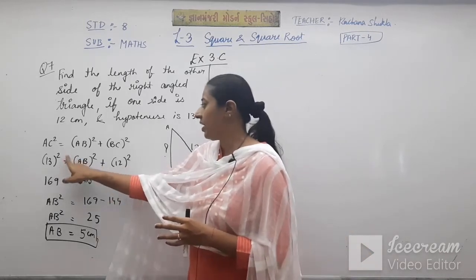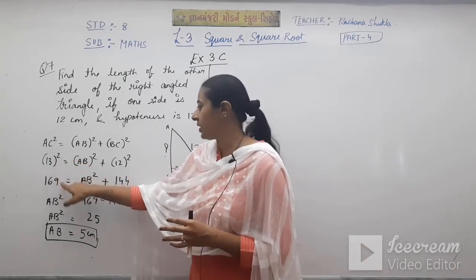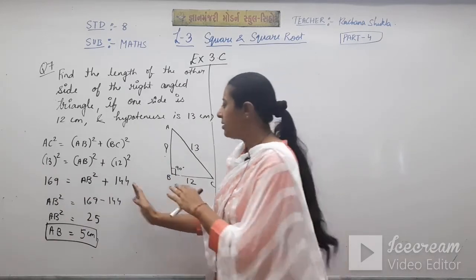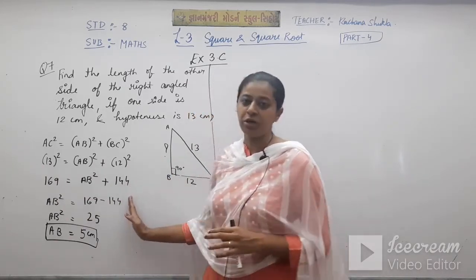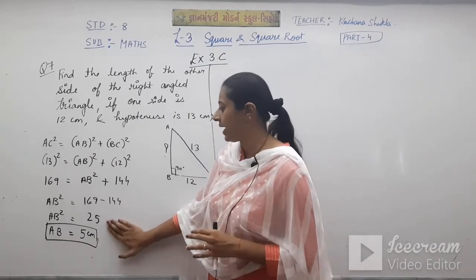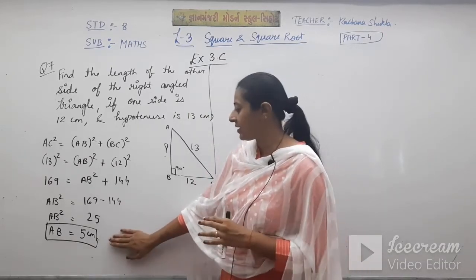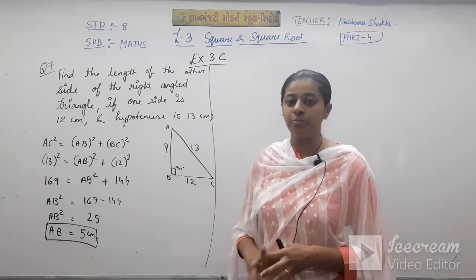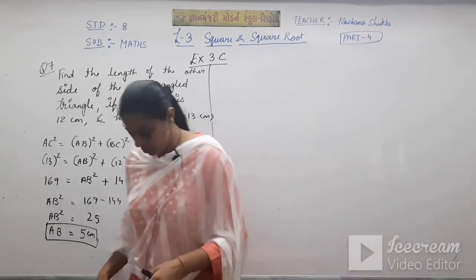Then find the square of 13 and the square of 12, and 144 will be subtracted from 169 and you will get the answer as 25. That is, AB is equal to 5. Please note down these things in your fair book. Then we will start with the new topic.